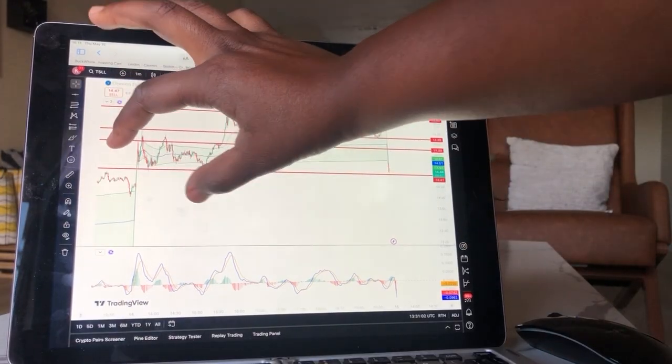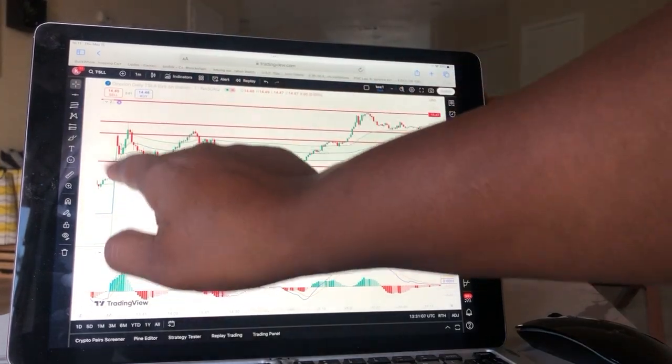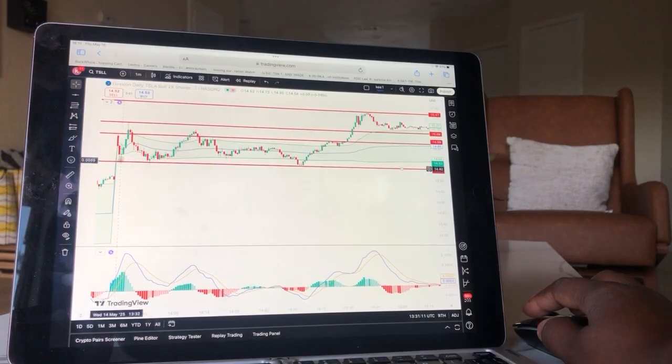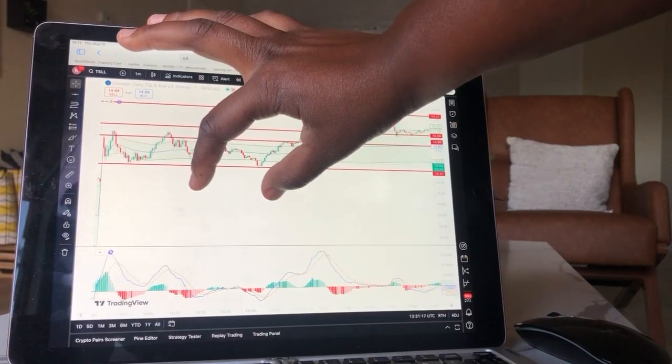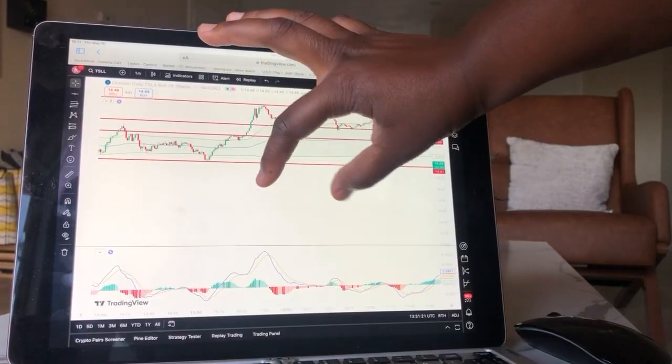Let's see if that is a gap. Yes, there's a gap here, a gap right here. So it could be doing a retrace back to close that previous gap.